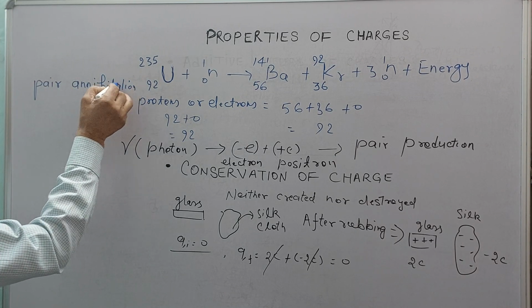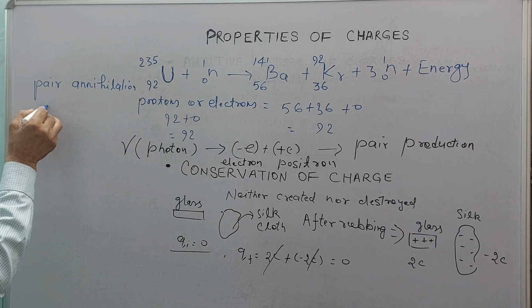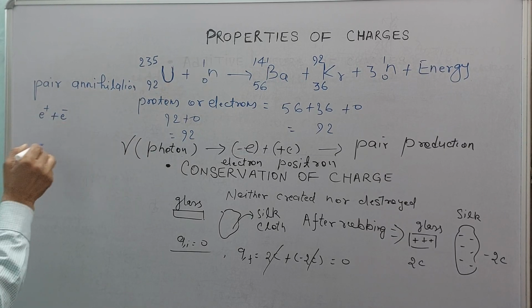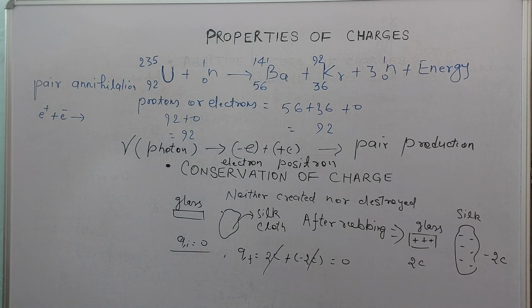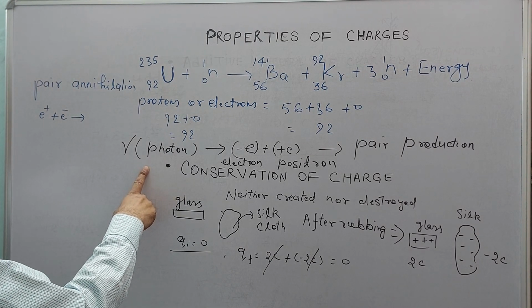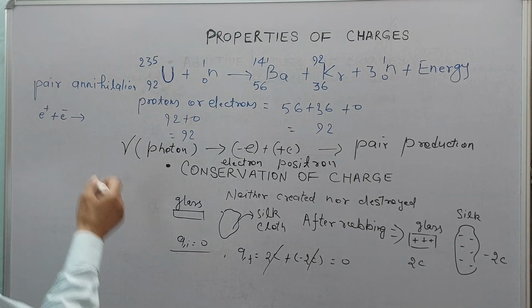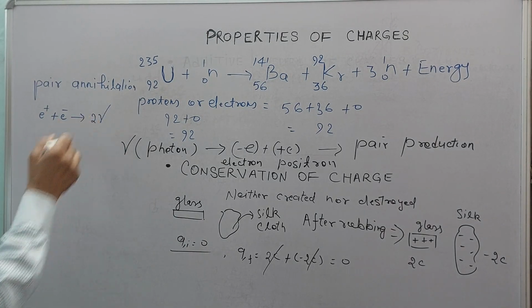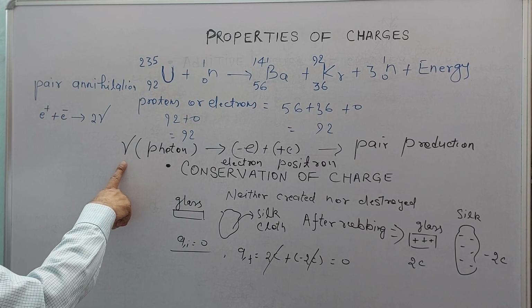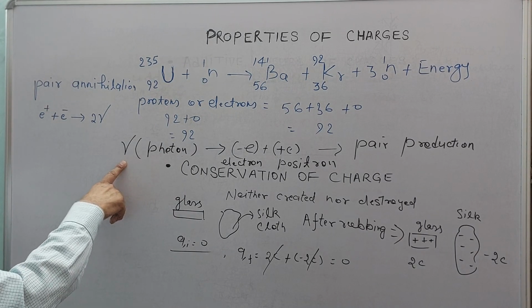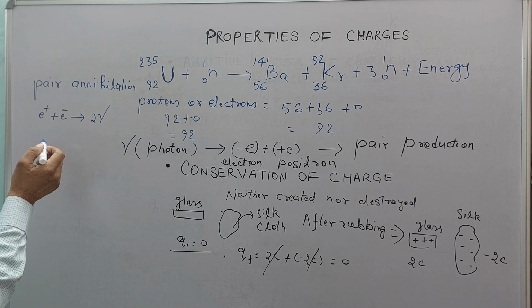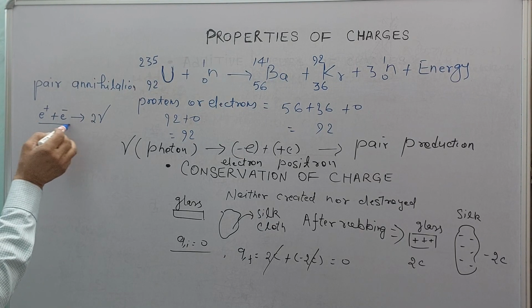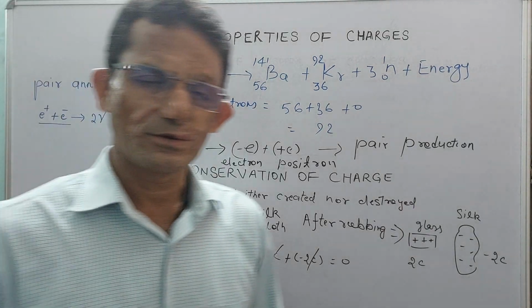When they combine, they become two gamma particles, and each gamma particle has a different energy. It is called pair annihilation because two physical particles are changed into energy.